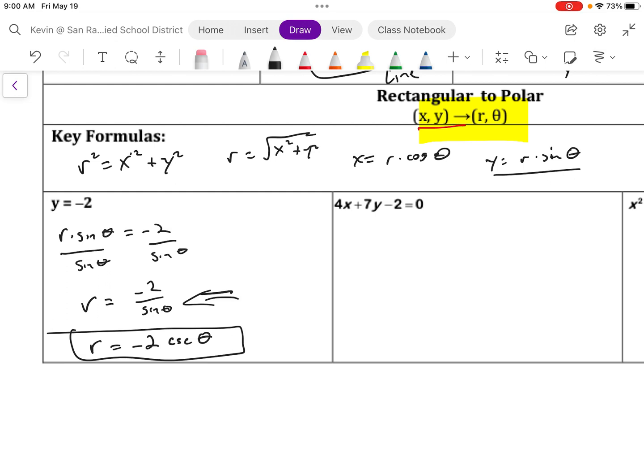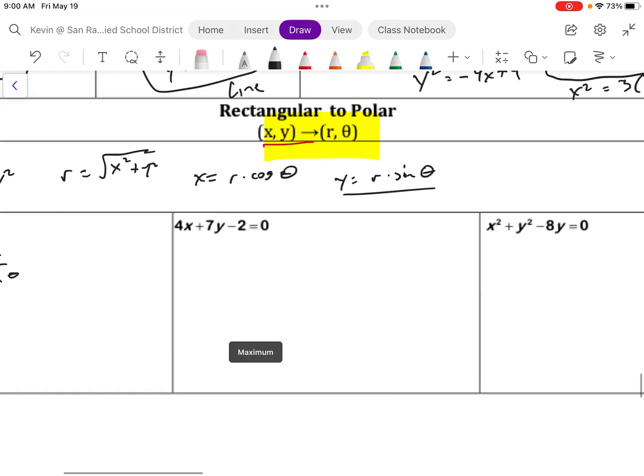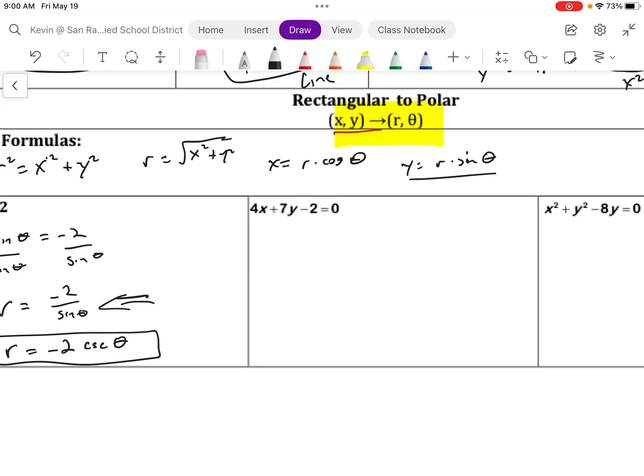All right, come over here again. We're going to replace x's with r times cosine theta, so 4r times cosine theta plus 7 times r times sine theta minus 2 equals 0. Let's move the 2 over.